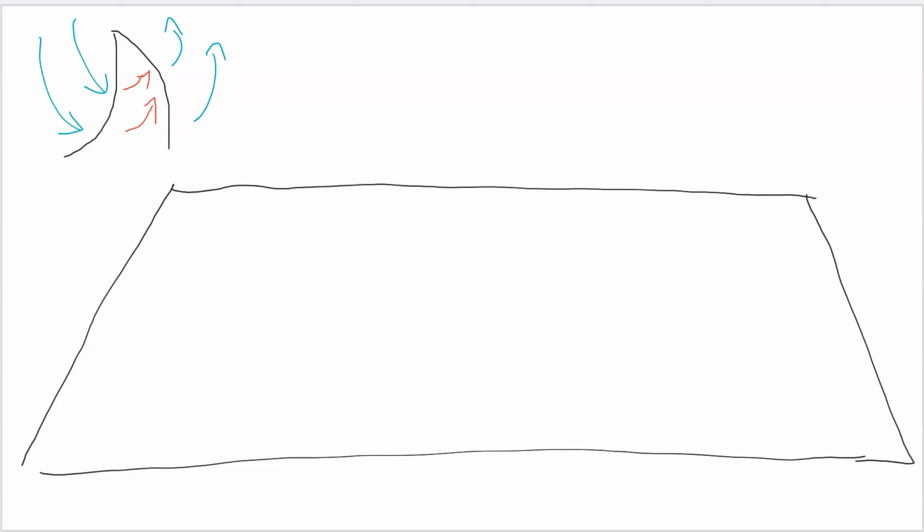And we have our warm front here and our cold front here. So I'm going to draw in a warm front just here and my cold front just here. And as you know, in the warm sector, you've got warm air moving in a westerly direction. So let's draw that in.